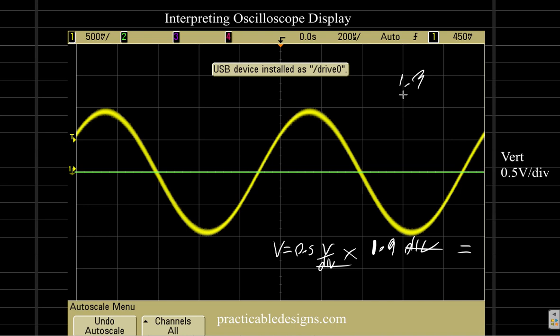Let's say 5 times 1.9 and then divide it by 10. 5 times 9 is 45, carry 4, and so on. So that would be 9.5, and then we divide again because it was originally 0.5, not 5. So it would be 0.95. So we have 0.95 volts, right? That's the vertical division.